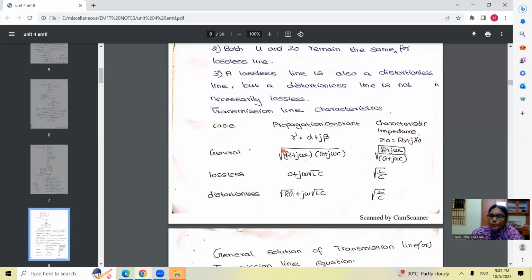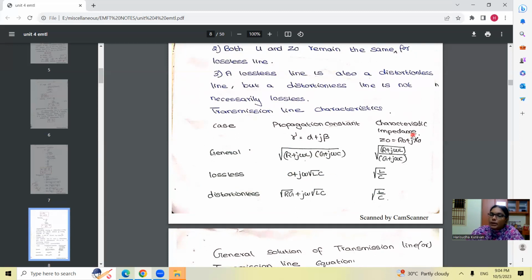And we have seen the two special cases. One is for lossless, the other one is for the distortionless line. So for lossless, the propagation constant gamma is equal to 0 plus J omega square root of LC. So the meaning is your attenuation constant will be equal to 0 and the phase constant will be omega square root of LC.